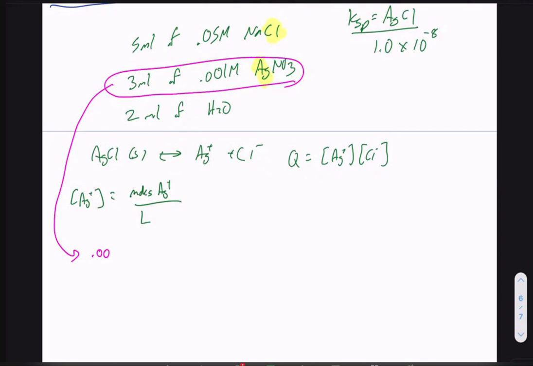So 0.003 liters times 0.001 moles per liter of AgNO3 is going to be 3 times 10 to the minus 6 moles of AgNO3.